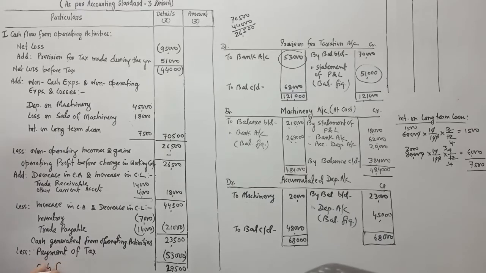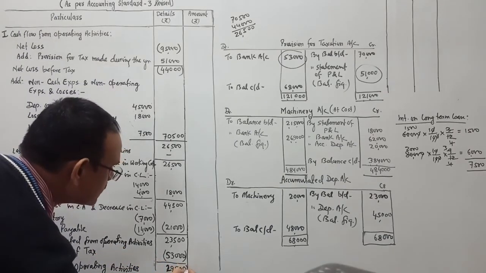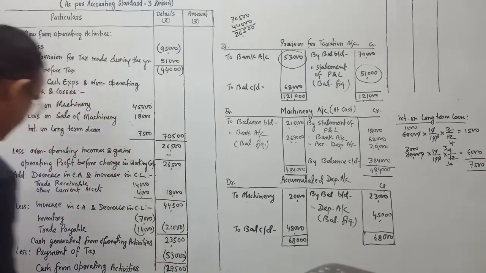Cash flow from operating activities, that is 29,500. It is in minus. So it is cash used.